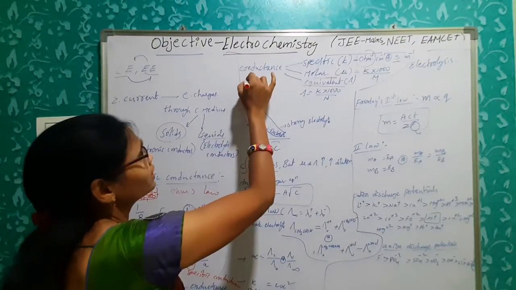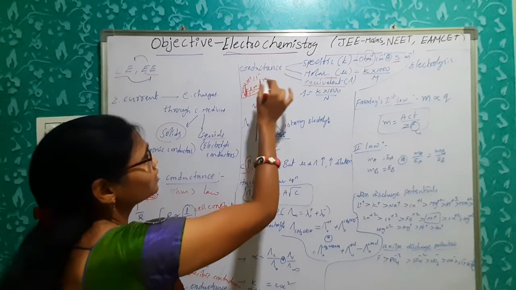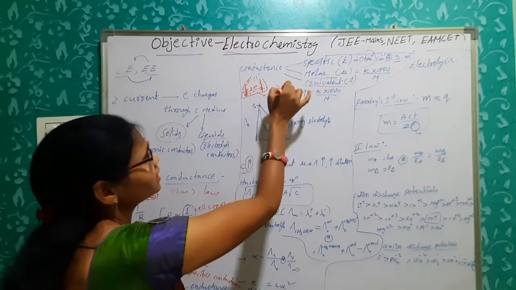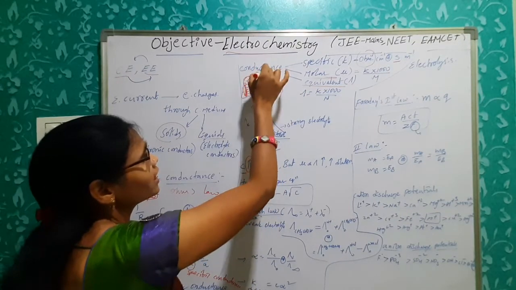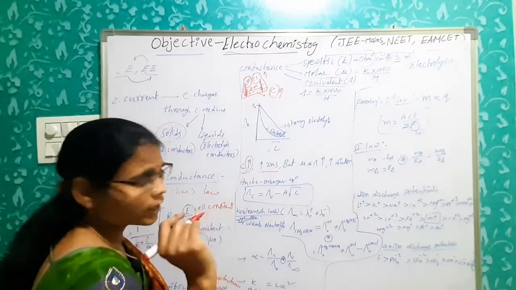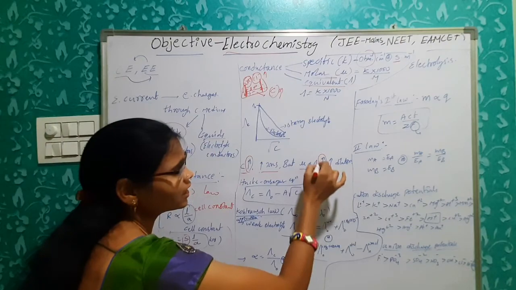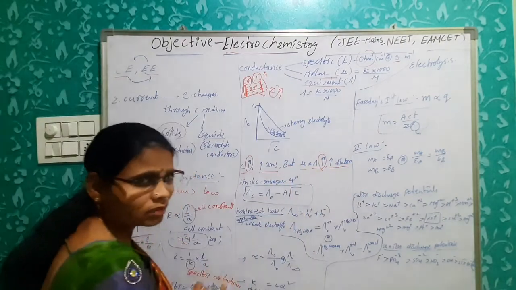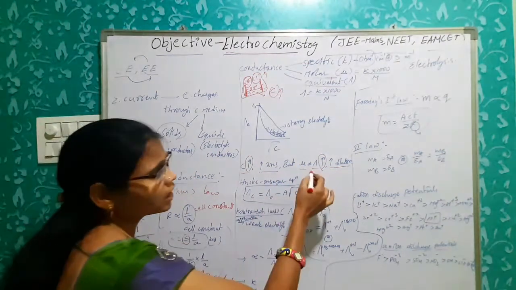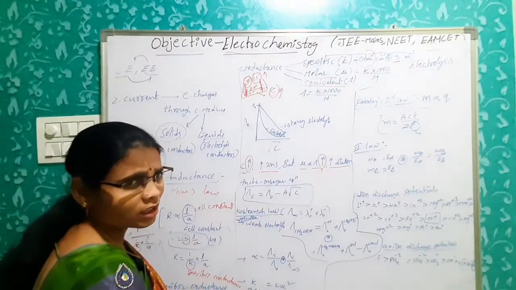For example, if Na plus ions are present, conductance C increases with an increase in the number of cations and anions. But molar and equivalent conductances increase with increase in dilution, so they are preferred for only weak electrolytes.